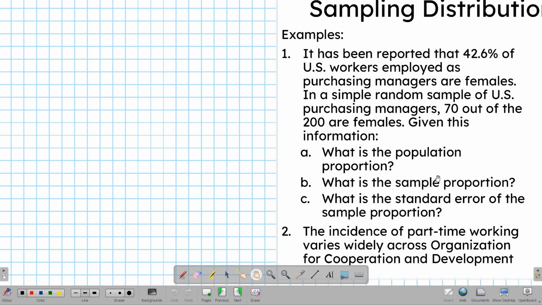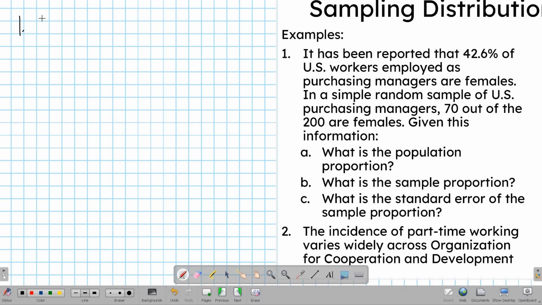Given this information, we are asked what is the population proportion, the sample proportion, and the standard error.